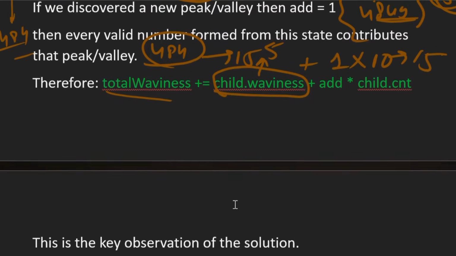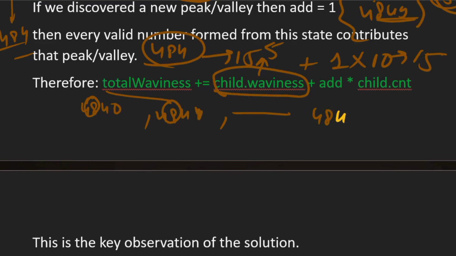You can even count if you want how that waveness is 15, right? So as we know, 4840 has only one peak, that is 8. Then 4841, only one, all up to 4844 has only one peak. Then in 4845, this has one peak and one valley at 5.